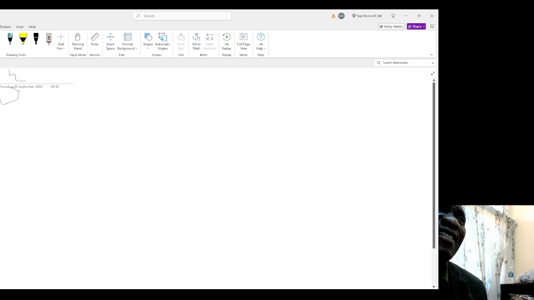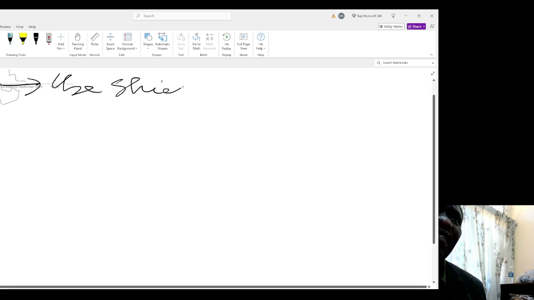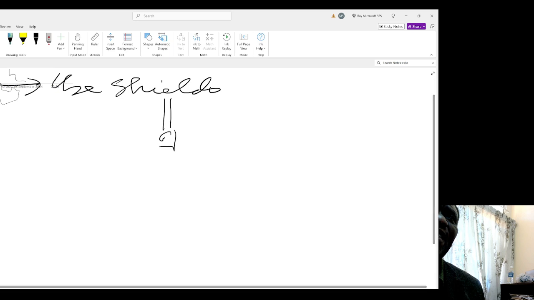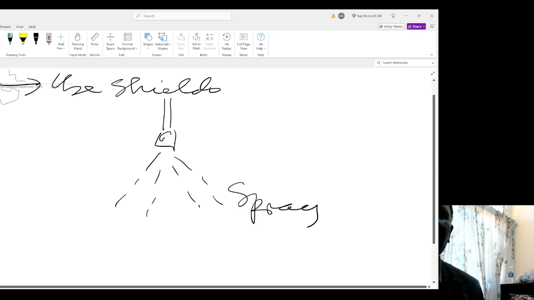So on these techniques, we may have a use of shields. Where, let's say, this is the nozzle, this is the spray.